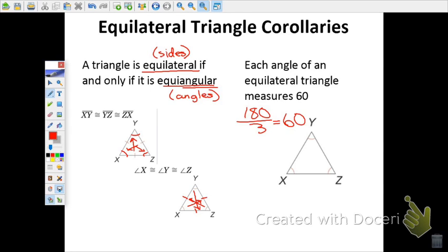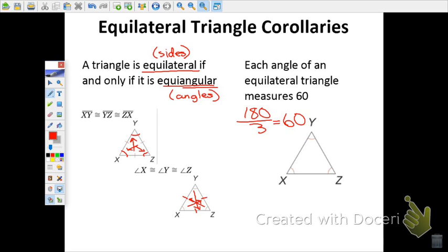So, quick lesson on isosceles and equilateral triangles. If it's an isosceles triangle, we know 2 sides are congruent. We know the opposite angles are congruent. It also works the other way. If 2 angles are congruent, their opposite sides are congruent.